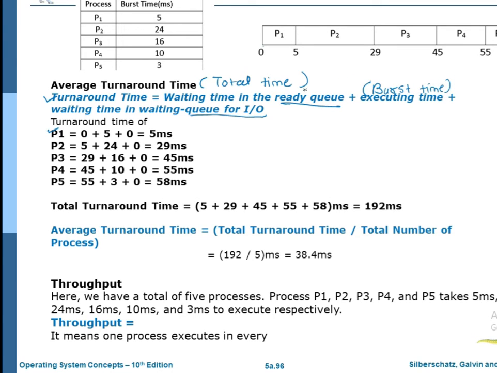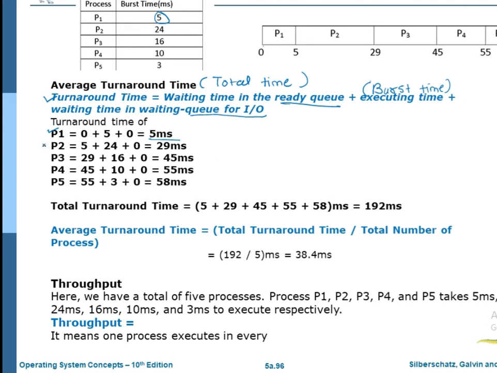This burst time is 5 as given here. So plus 5, plus waiting time for IO queue. No process is waiting for any IO here as it is a non-preemptive algorithm, so we will put 0 here. So total time is 5 milliseconds.